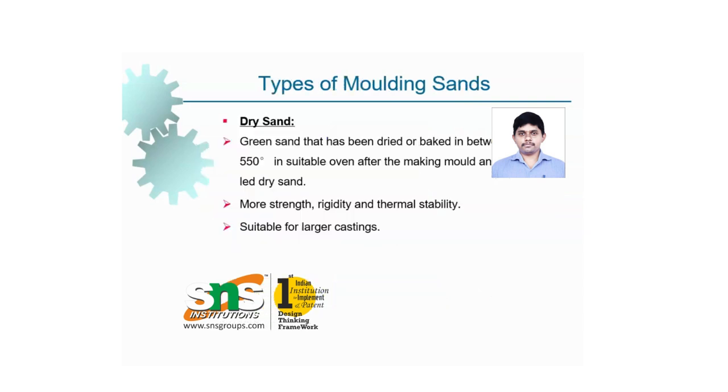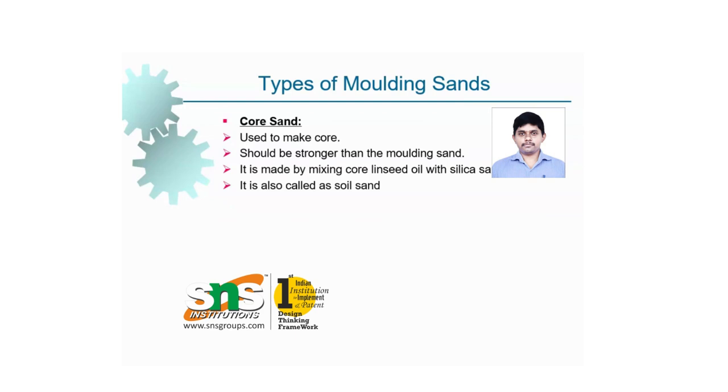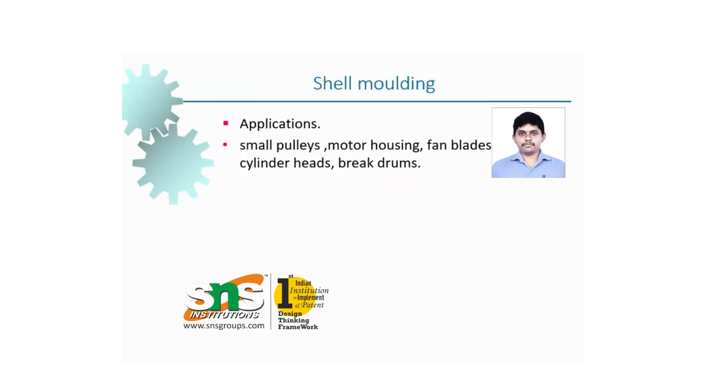Generally we use dry sand and coarse sand for manufacturing these components. In shell molding, the temperature and melting point are almost the same, and it is suitable for all kinds of manufacturing processes. The applications include small pulleys, motor housings, fan blades, cylinders, cylinder heads, and brake drums.